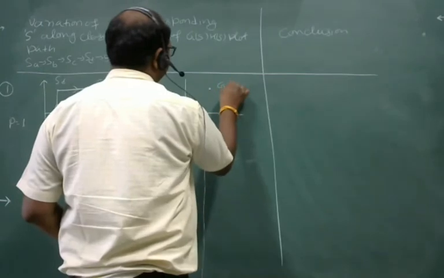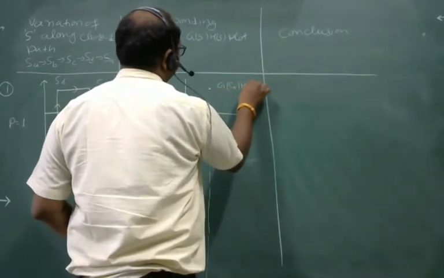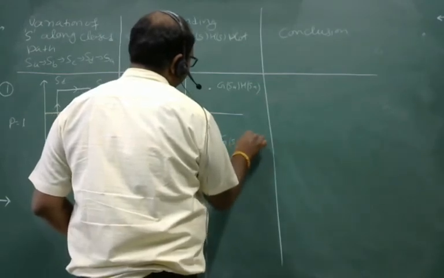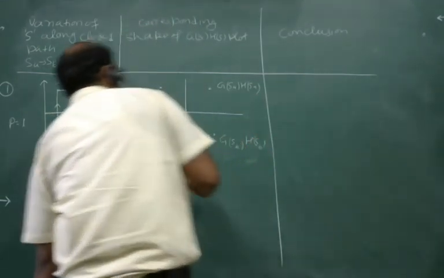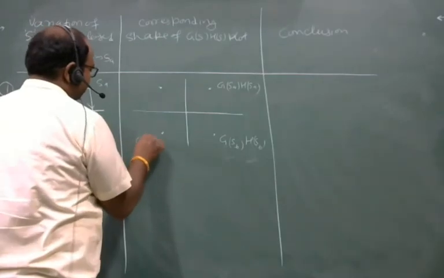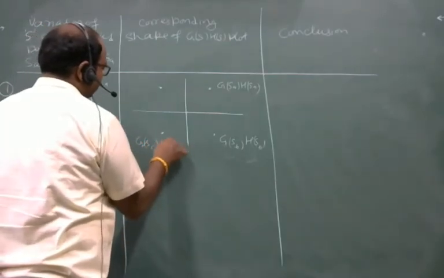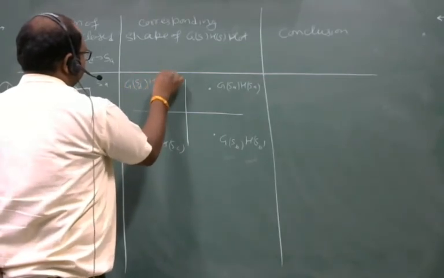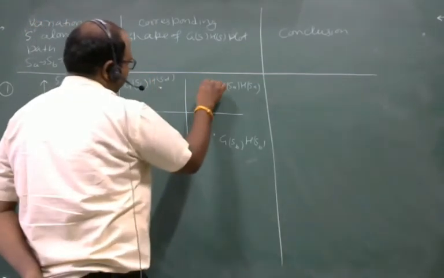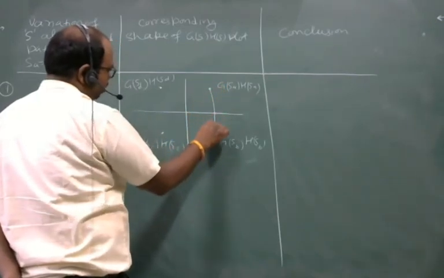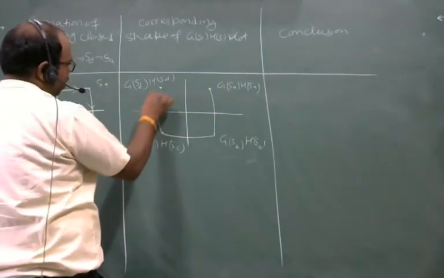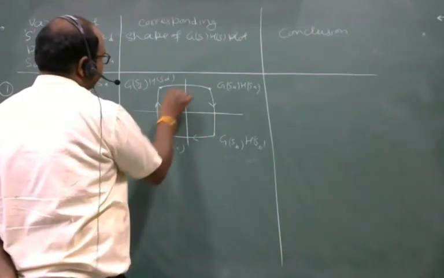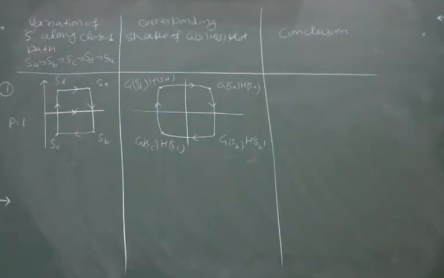This one is GSA HSA, GSB HSB, GSC HSC, GSD HSD, and the graph is like this and in this direction only, like this.